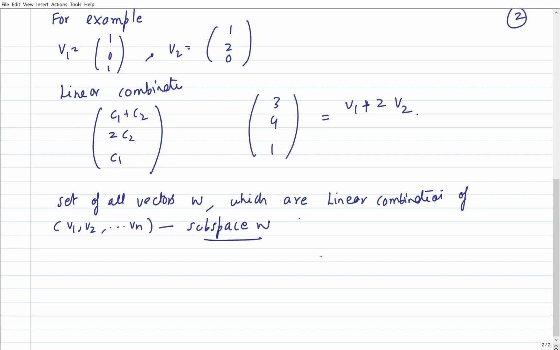This is W of V, and we consider this set and subspace spanned by this set.